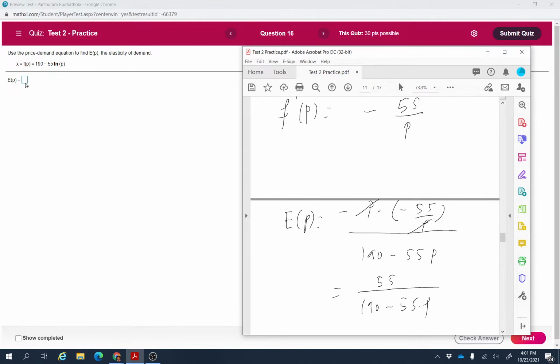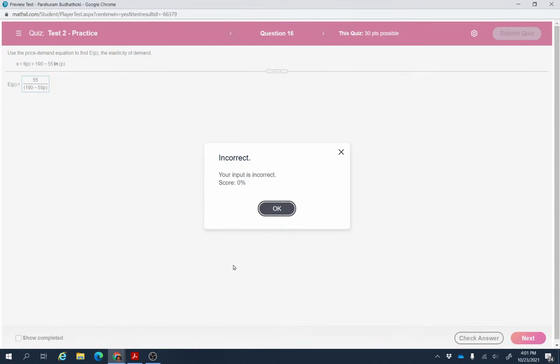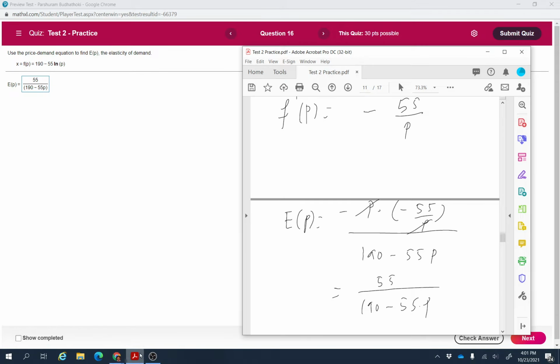So the answer is 55 over 190 minus 55p. They are not asking us to simplify it, so I hope that this is the right answer, but okay, this is not. So what did I miss here? Simplification or negative sign? 55 over 190 minus 55p.